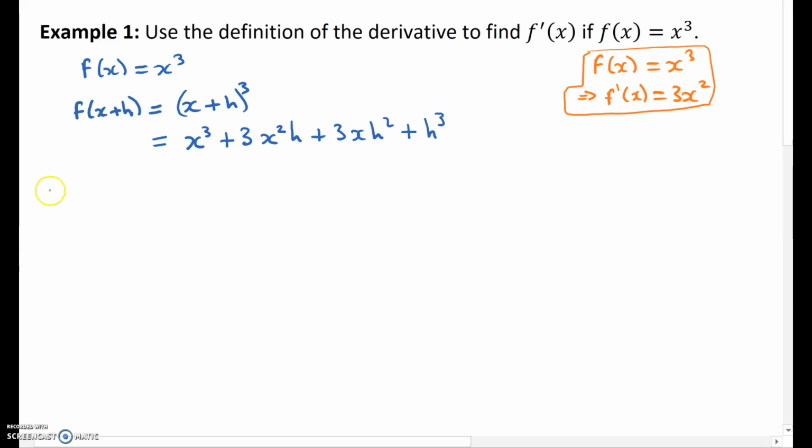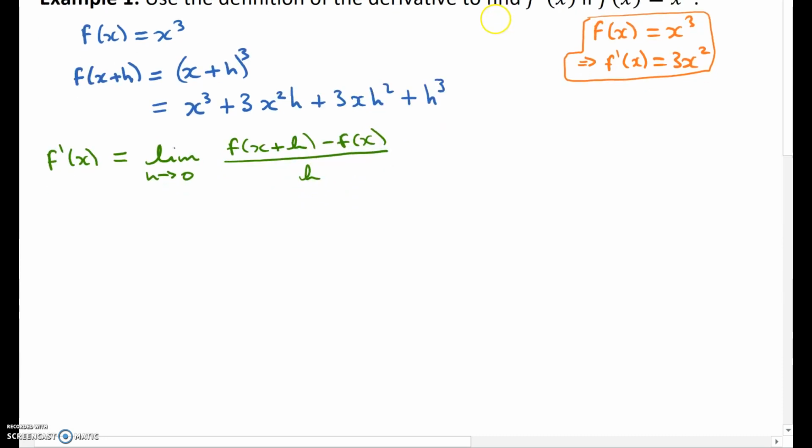Okay. Now, the definition of the derivative says that f prime of x, the derivative, is equal to the limit as h approaches 0 of f of x plus h minus f of x all over h. So let's start to fill the top line of that in.